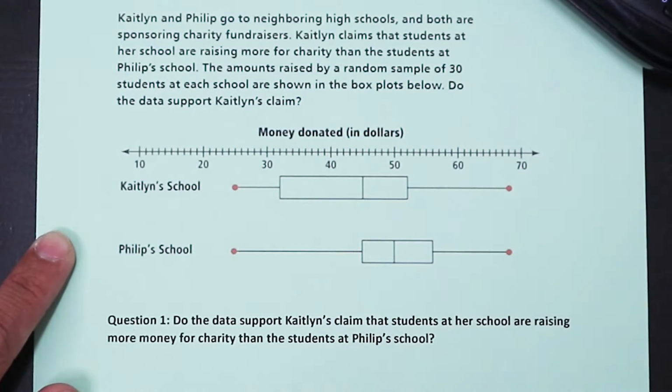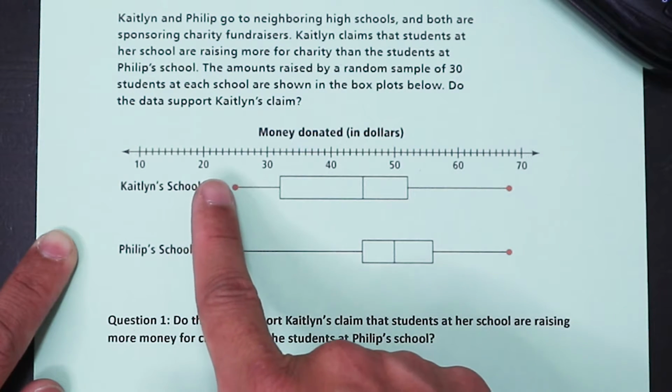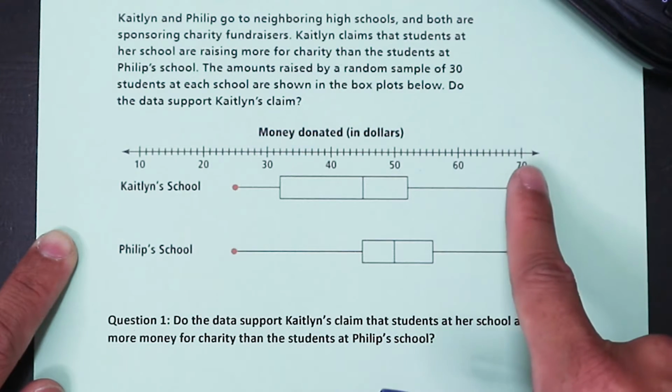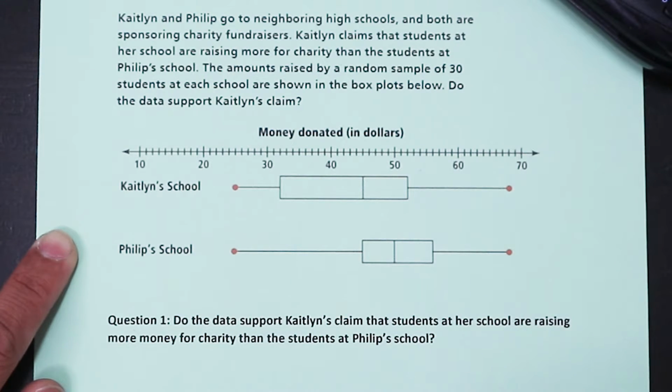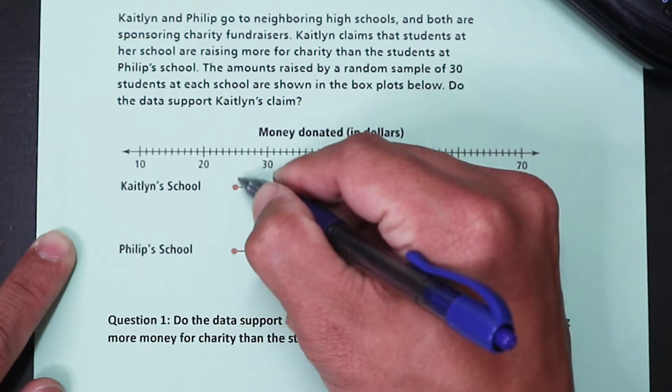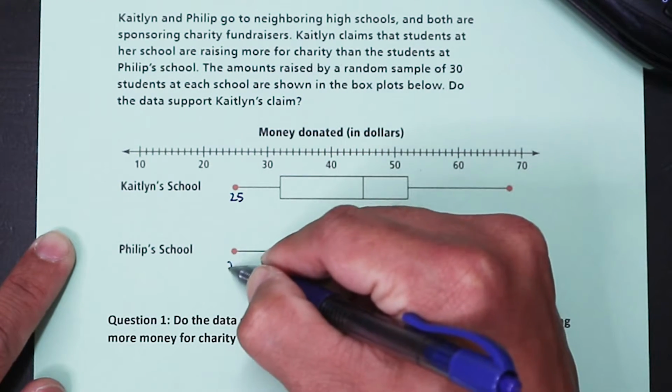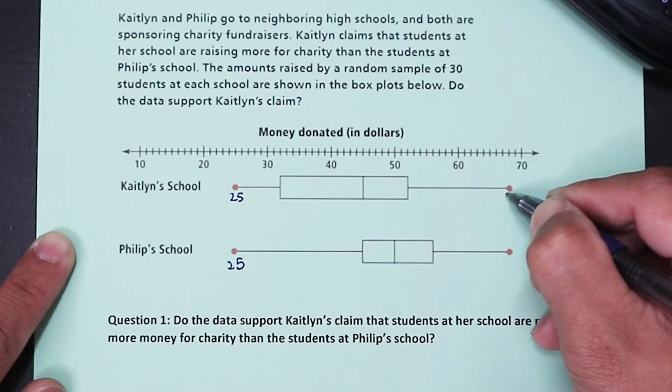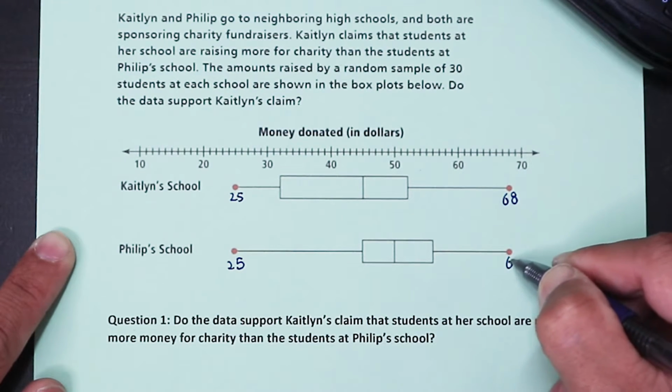Let's review what Kaylin's claim is again. Do the data support Kaylin's claim that the students at her school are raising more money for charity than the students at Philip's school? Let's take a look. I see that in the box plot, the minimum is the same and the maximum is the same. Let's actually write out those numbers. The minimum is about 25, and the maximum is 68 and 68.